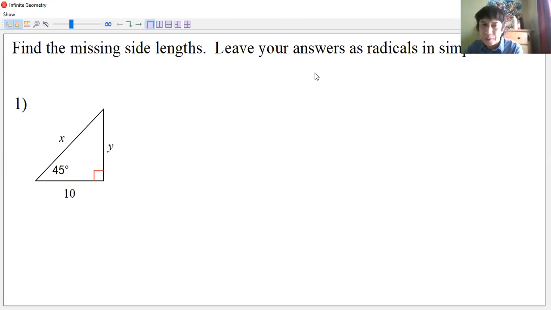So this is for number 1, and this is your right triangle. Your given is 10. This is y. This is the 90. This is 45. This is x. There. And so let's see the solution using the other screen, where you can see how I write it.